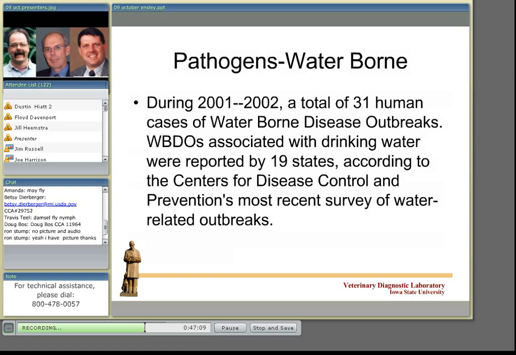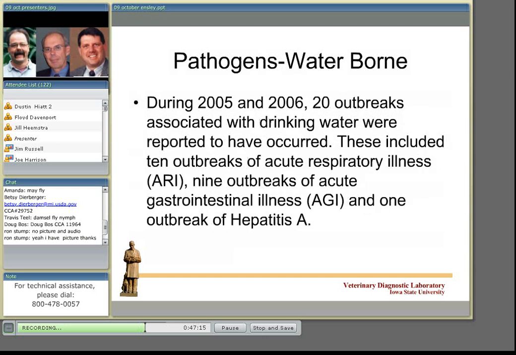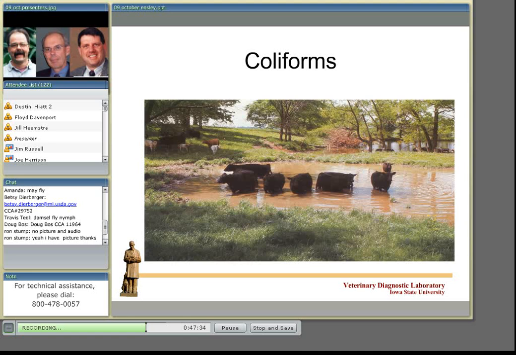In 2001, 2002, there were 31 different waterborne disease outbreaks in 19 different states. In 2005 to 2006, there were 20 outbreaks, and some of these, besides just being enteric disease associated, also could be associated with respiratory illness and hepatitis A, a viral infection of the liver.